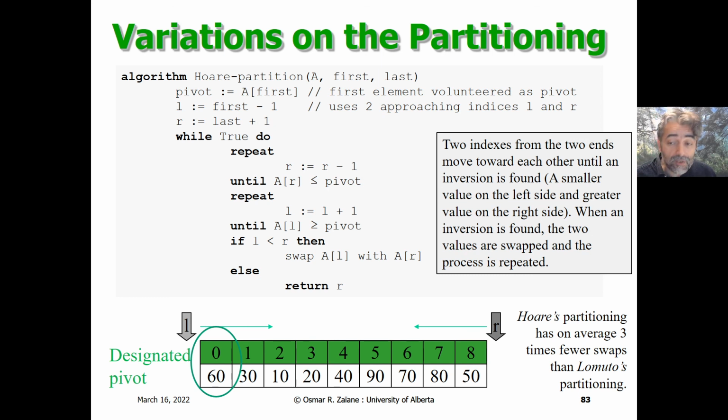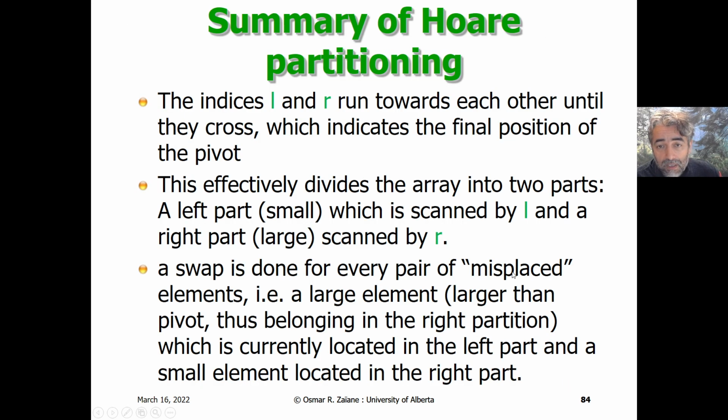the Lomuto's partitioning is better than the first 2 algorithms. Okay, so in summary, basically you have an index L and index R that run towards each other until they cross, and when they cross, R will indicate the position of the pivot.